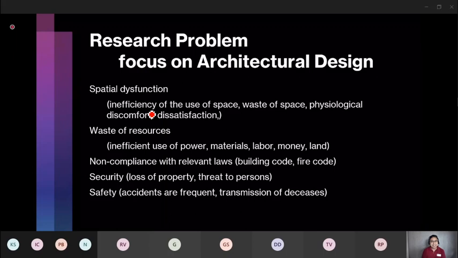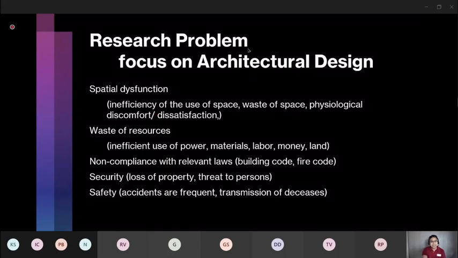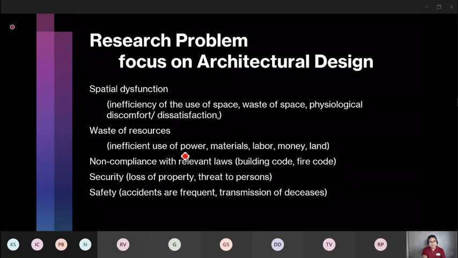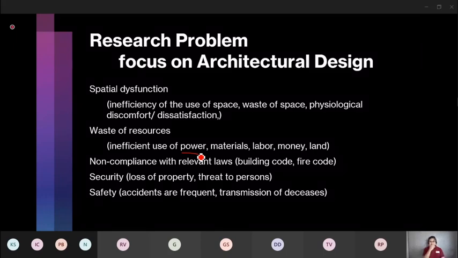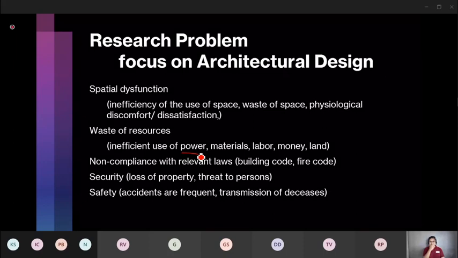Then it could be something related with wastage of resources. Is there anything that you can do to save on energy, on power, or on materials? On capital? You know that building requires money.